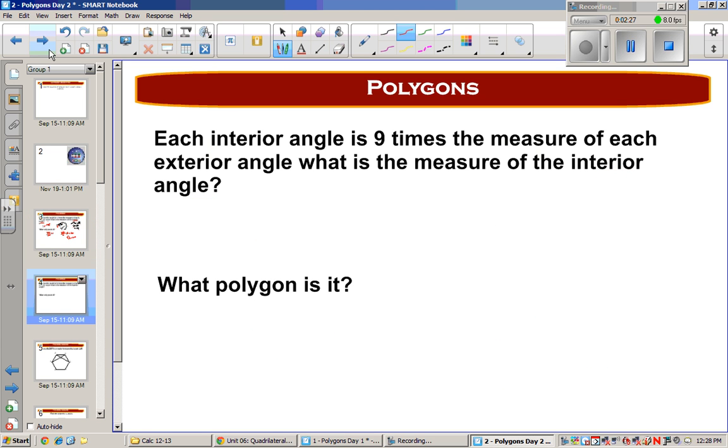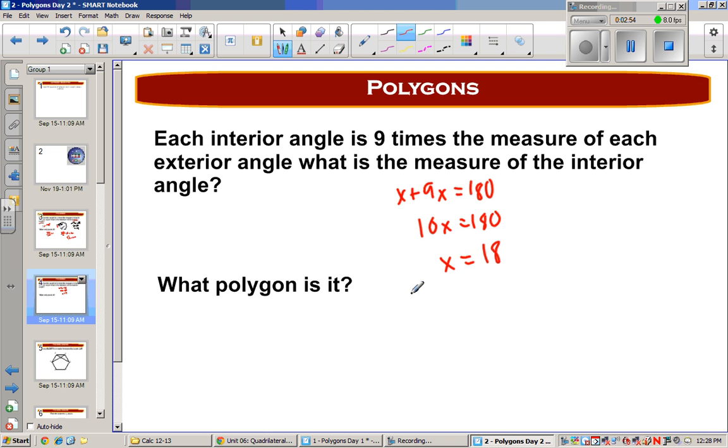All right, now this problem is the same type of problem. So take a second, pause the video, and see if you can do it on your own. Hopefully you've paused the video and you're complete, and you're just watching me go through this. 9x plus 1x, so this is interior versus exterior, those equal 180, so 10x is 180. So now I have to divide by 10 on both sides, and x is equal to 18.